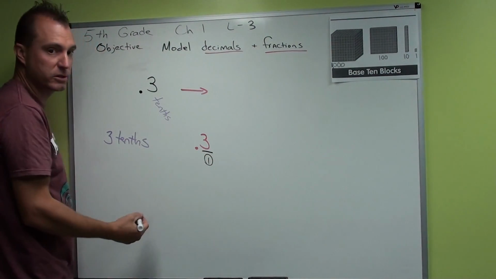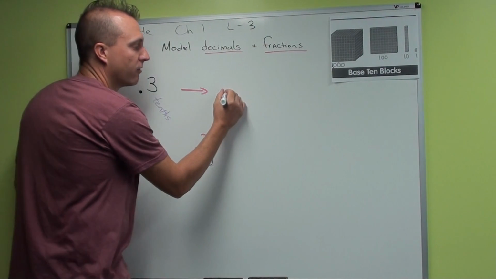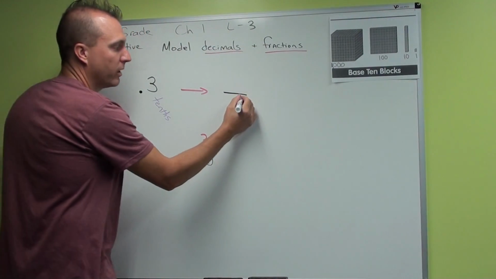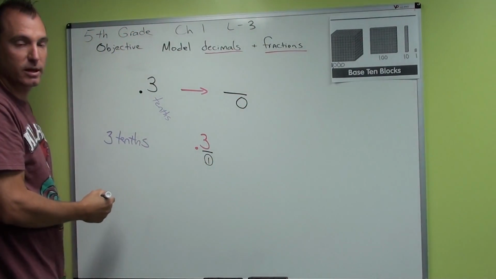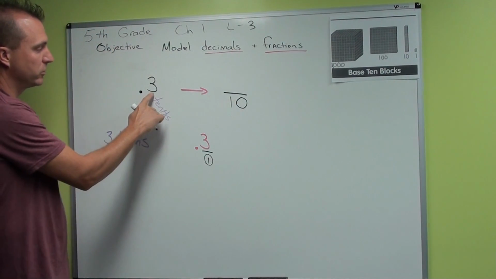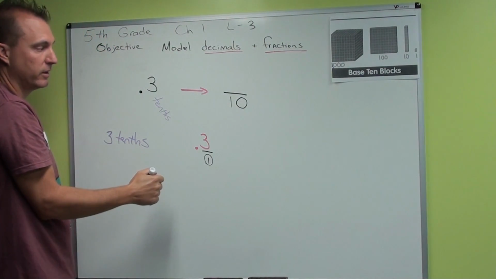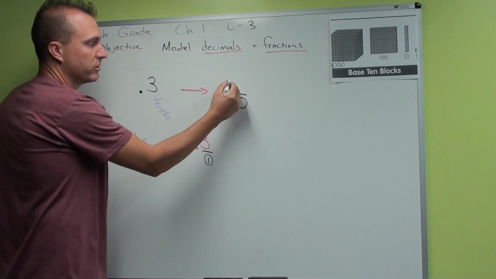There's only 1 decimal place. So if there's 1 decimal place, that means our fraction has 1 zero in it. And then we put a 1 in front of it. So if there's one zero, put a 1 in front of it. And then this number just goes on top.